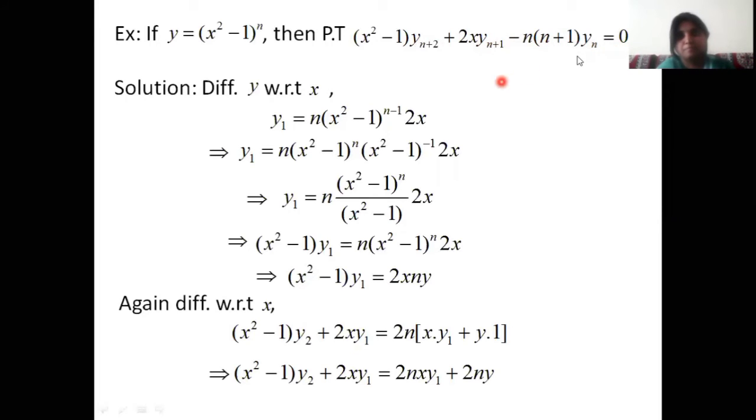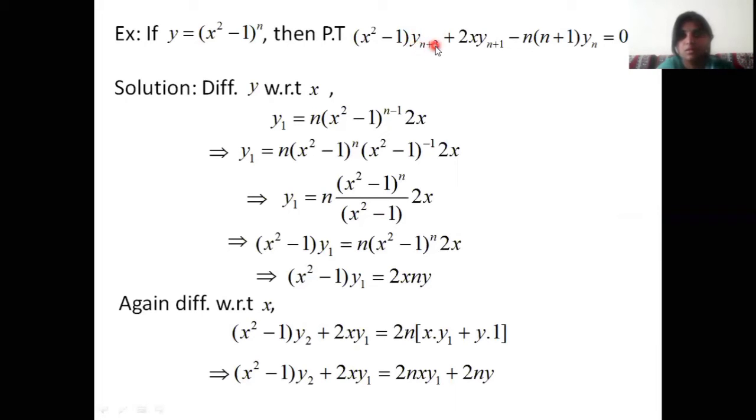See, in this, what we have to prove, you are having the terms of y(n plus 2). That is, you need to differentiate this twice and then take its nth derivative. If you directly take its nth derivative, you will get yn, that's it. But we want y(n plus 2).